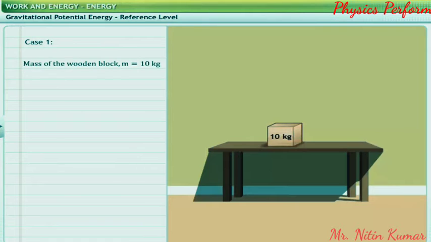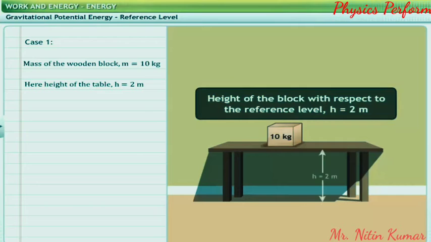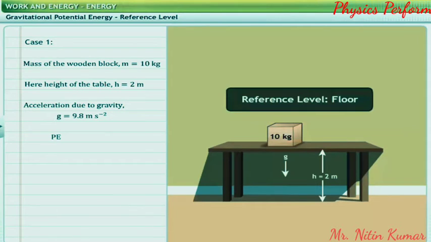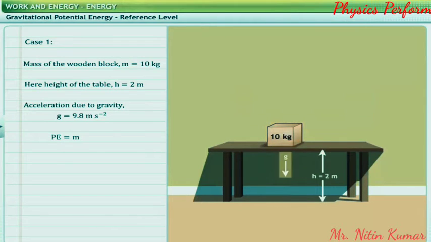Case 1. Consider a wooden block of mass 10 kilograms placed on the surface of a table of height 2 meters. If acceleration due to gravity is 9.8 meters per second squared, then the gravitational potential energy of the block with respect to the floor is the product of its mass, acceleration due to gravity, and its height from the floor.